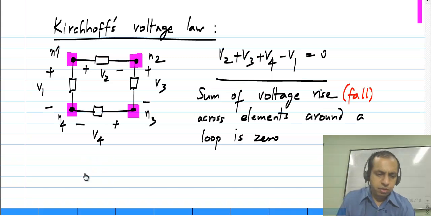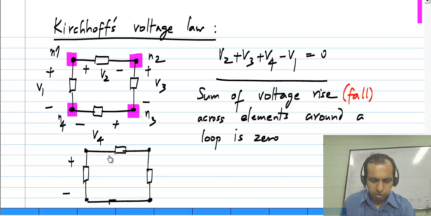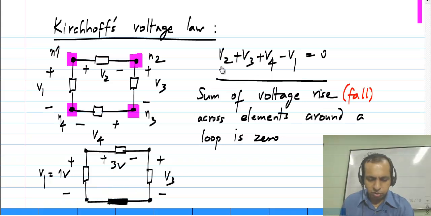So what does this mean? Why is this useful? Let's say you know that, let me take the same circuit again, V1 is 1 volt, V2 is 3 volts, V3 is unknown, and V4 is 5 volts.